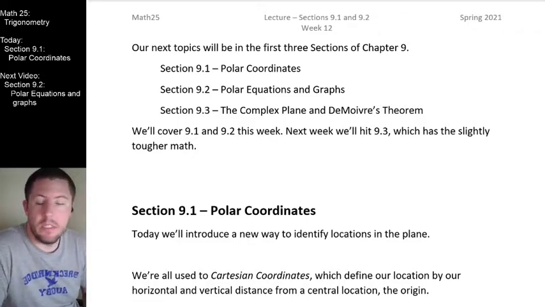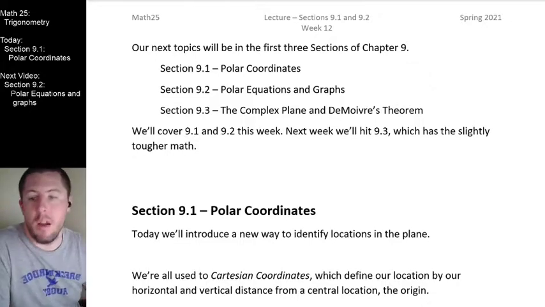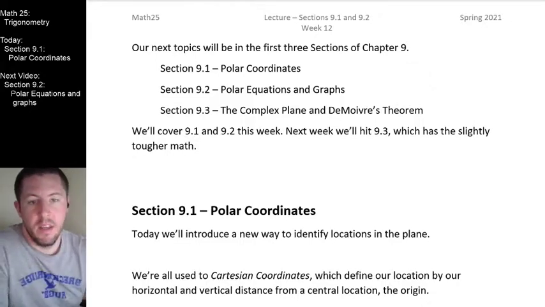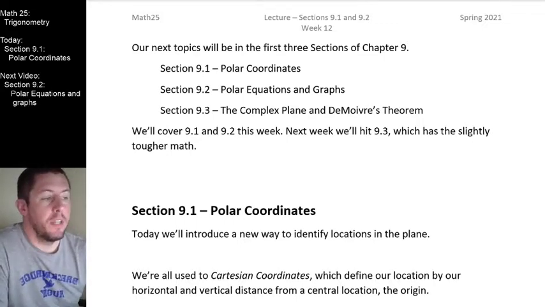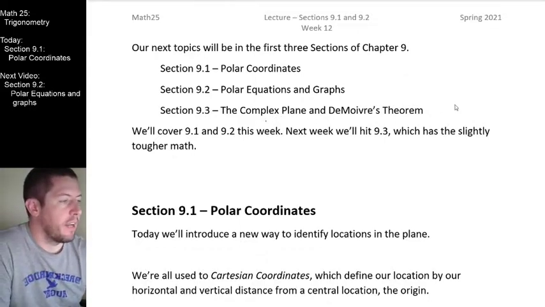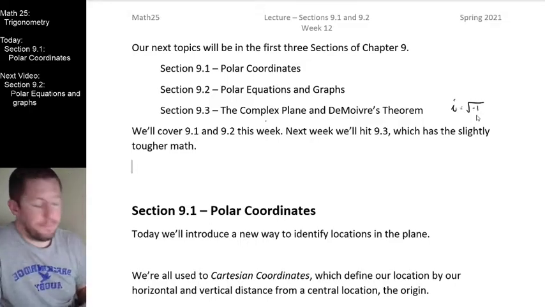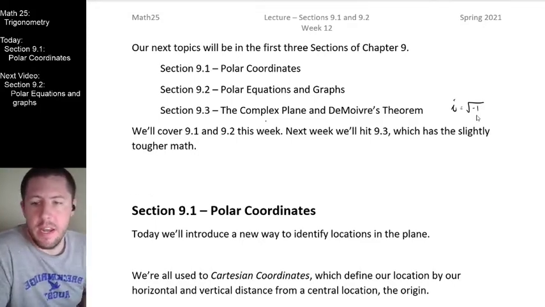Then next week we're going to see how those relate to the complex plane, and we're going to use something called de Moivre's theorem to talk about how we can understand how to do some math with some complex numbers. When we're talking about complex numbers, I think that some of us are vaguely familiar with the concept of attempting to do math beyond just getting stuck when we see things like the square root of -1.